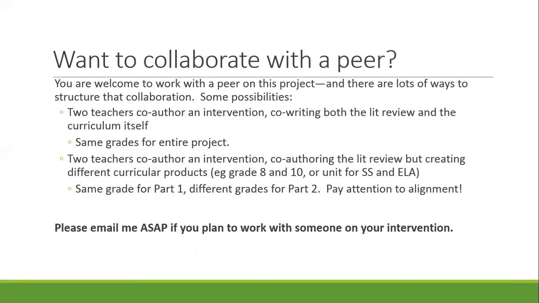In this case, you would have the same grade for the first half of your project, but different grades for the second half. The one suggestion I'll make if you go this route is to make sure that your individual second half aligns to your joint first half. That's somewhere I've sometimes seen pairs of students run into trouble. They write something together and then act as if their curricular product is something entirely separate. So you'll want to make sure you have that alignment throughout.